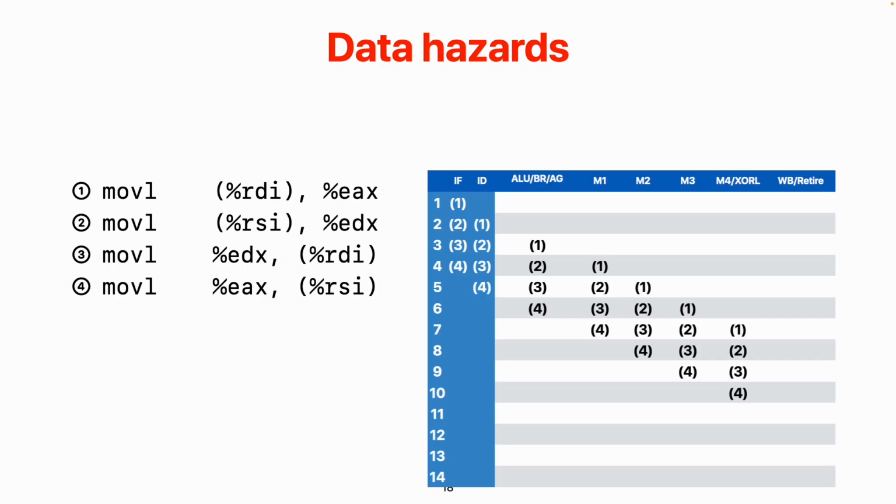All right, we say the source of data hazard is from data dependency. Let's see if that really creates a data hazard in our pipeline.